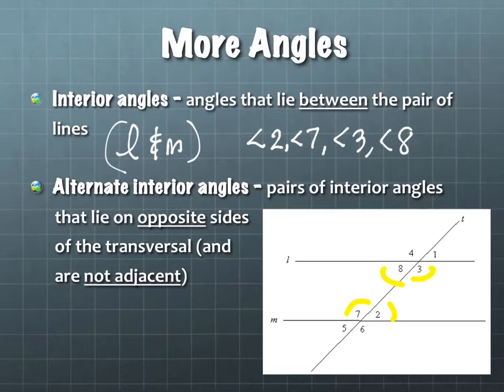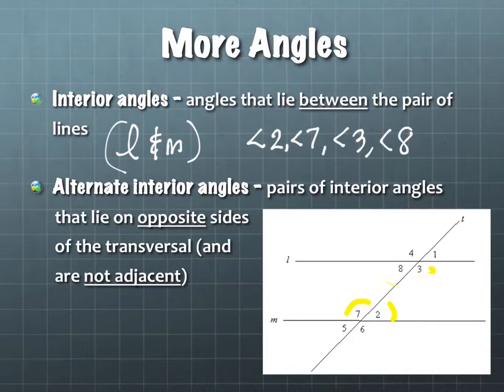And as you switched to the other page, we have a more descriptive phrase calling it alternate interior angles. So alternate interior angles are angles that are interior, first of all, and they have to be on opposite sides of the transversal.